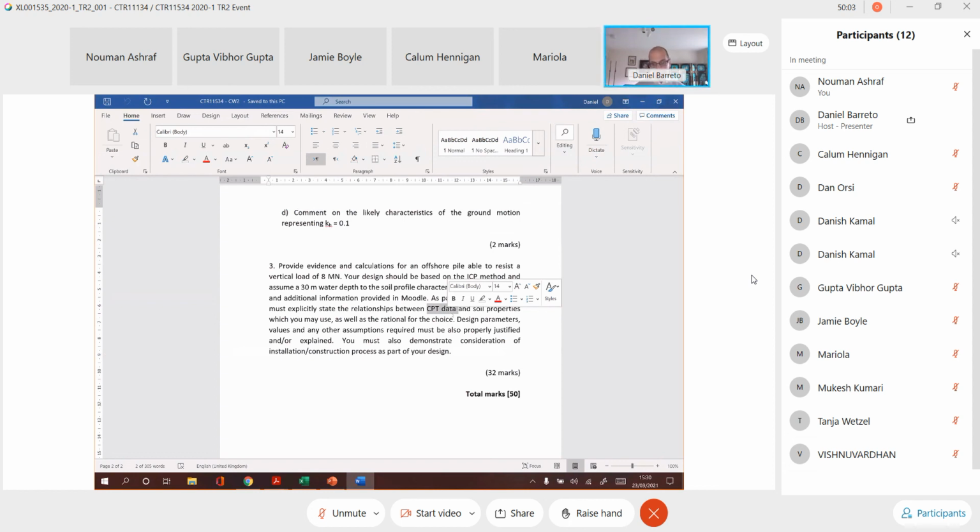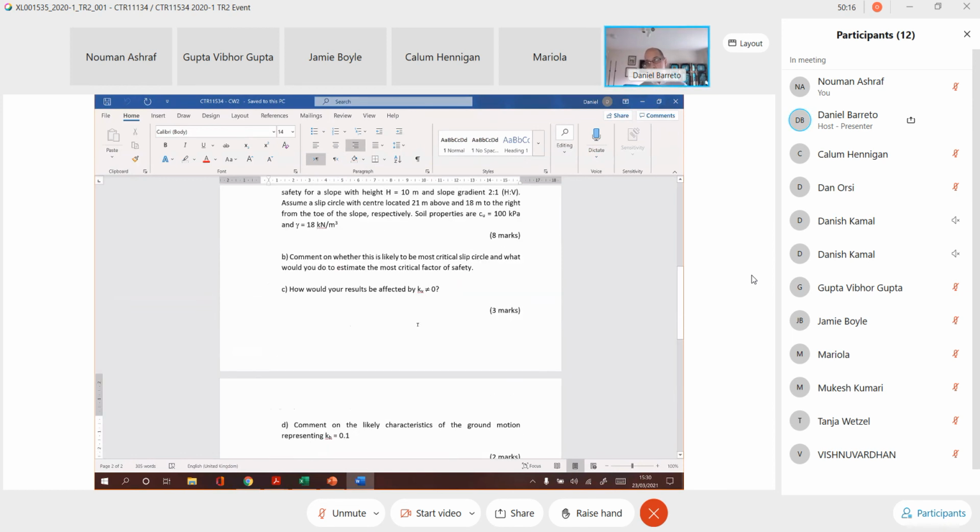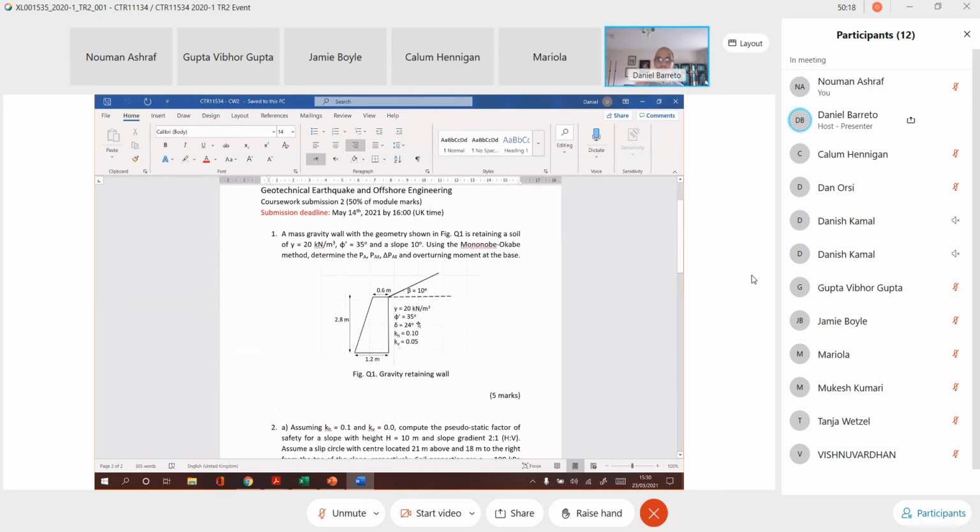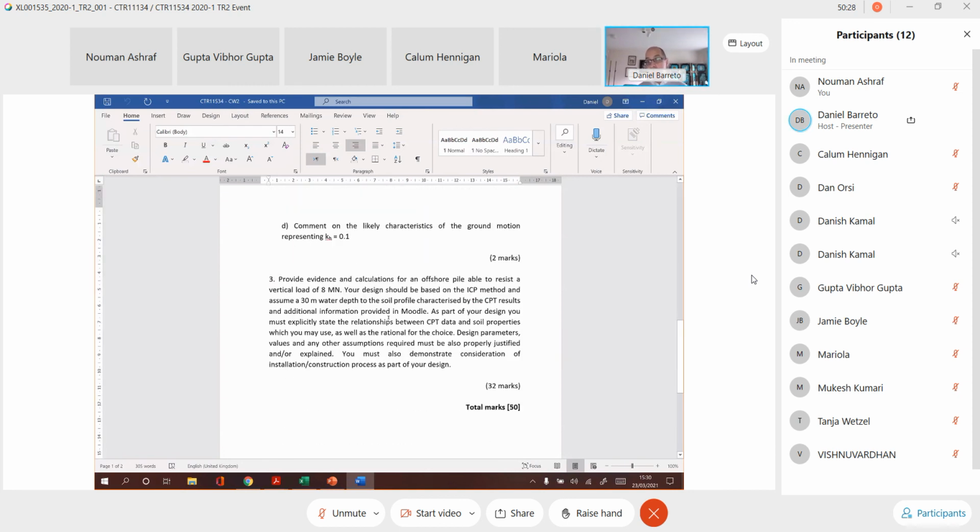So that is what is going to be available on Moodle during the course of the week, but you now have an indication of what you need to do. So once again, my recommendation is that if you haven't done questions 1 and 2, this is actually a good time to do it between now and next week, so you can focus on the third question the rest of the time.